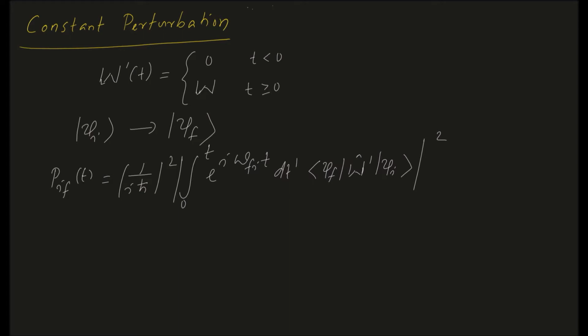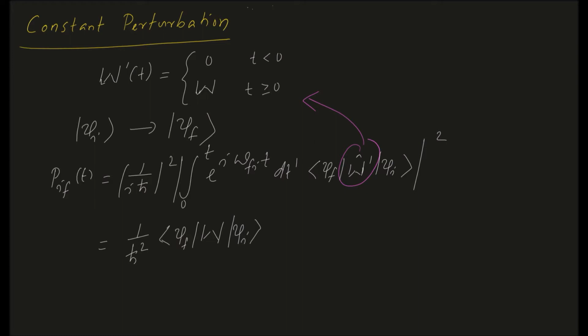Now for this particular problem, W prime is given by this constant perturbation, so you can take it outside the integral. So this can be written as 1 by h cross square, modulus square of psi f W psi i, where W prime is constant and its value is W for time greater than 0.